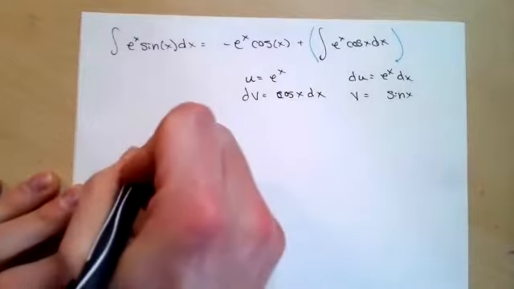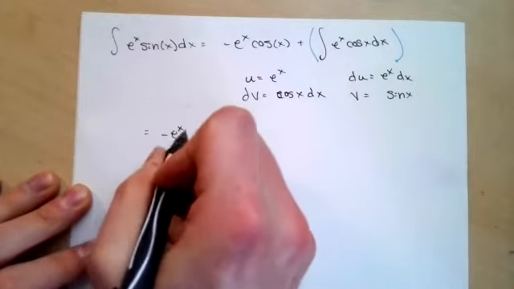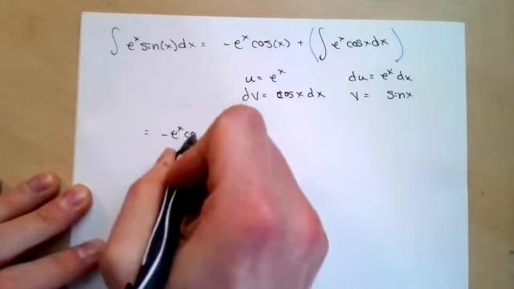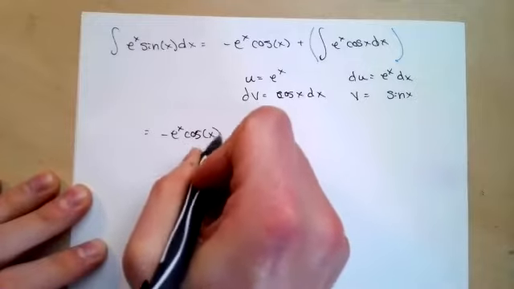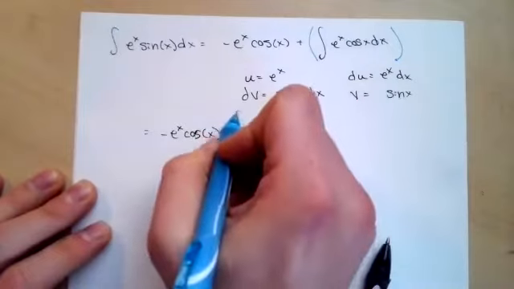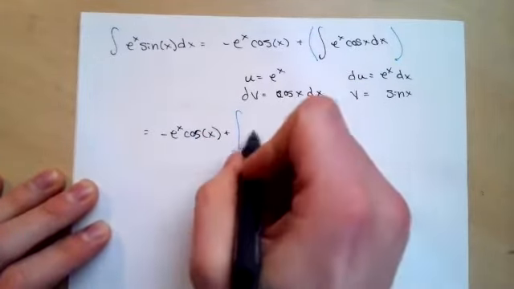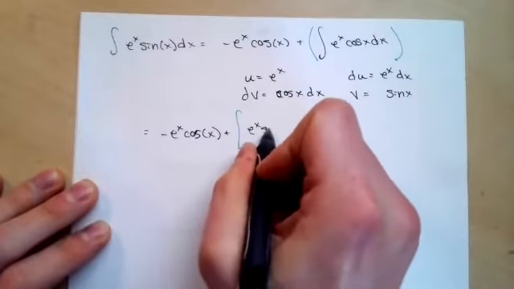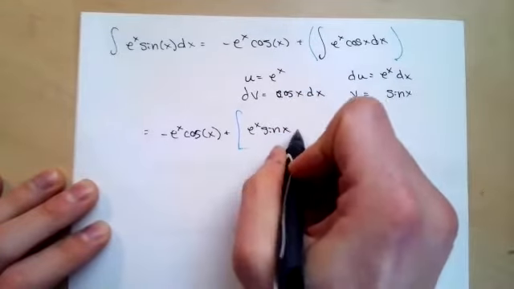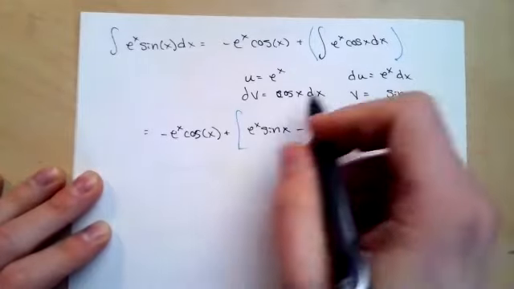And so writing this all out, we've got minus e to the x cosine x plus, let's go ahead and keep our parentheses, we've got uv minus the integral of v du.